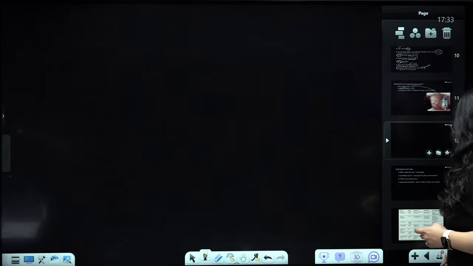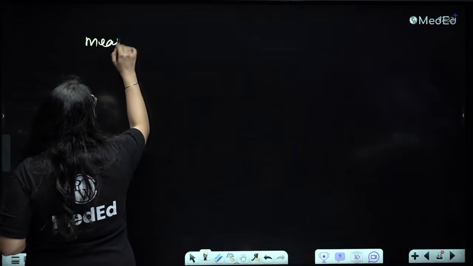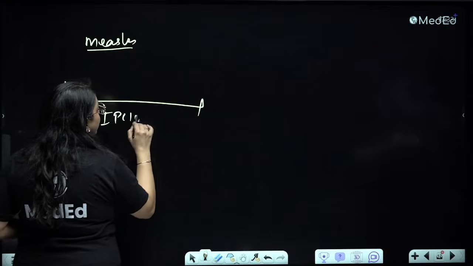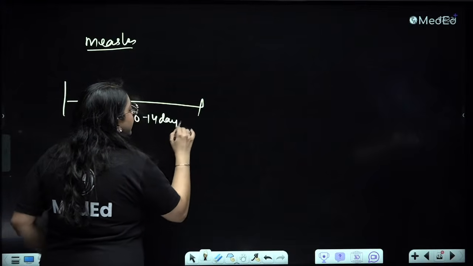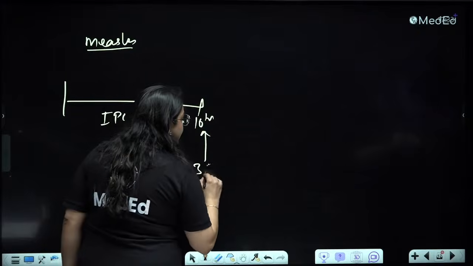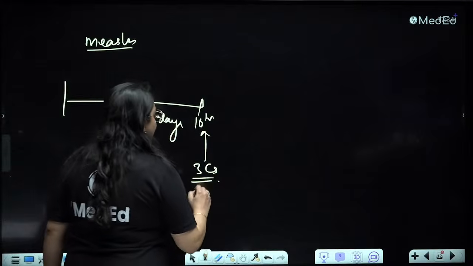To revise, what was the timeline for measles? There was a long incubation period of 10 to 14 days. Then let's say on the 10th day, the first symptoms come: the 3 C's, cough, coryza and conjunctivitis, plus fever.